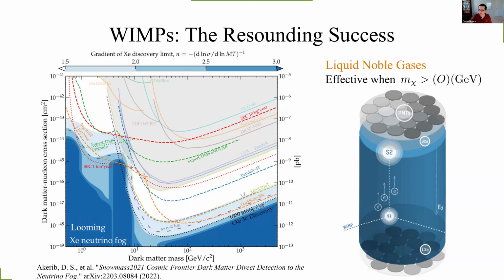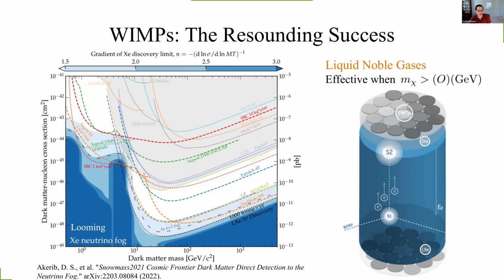And what's happening is the WIMP is going to come in, it's going to strike the nucleus of a xenon atom, and it's going to ionize it. And that initial ionization is going to generate two signals. The initial flash of light from ionization, we call that S1, and then the electrons that are liberated are going to drift in an electric field up to the top of the tank and are going to give you some current. We call that S2, okay?